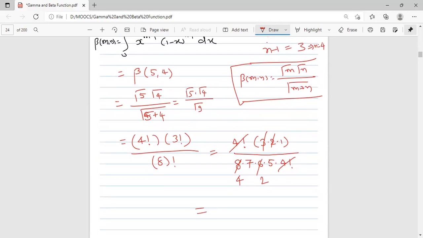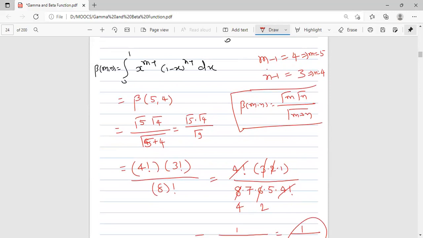This is nothing but 1 divided by 7 into 4 into 5 into 2, which is 1 divided by 280. Integrate. Now we are getting the answer. And why are we getting the answer for this integration?